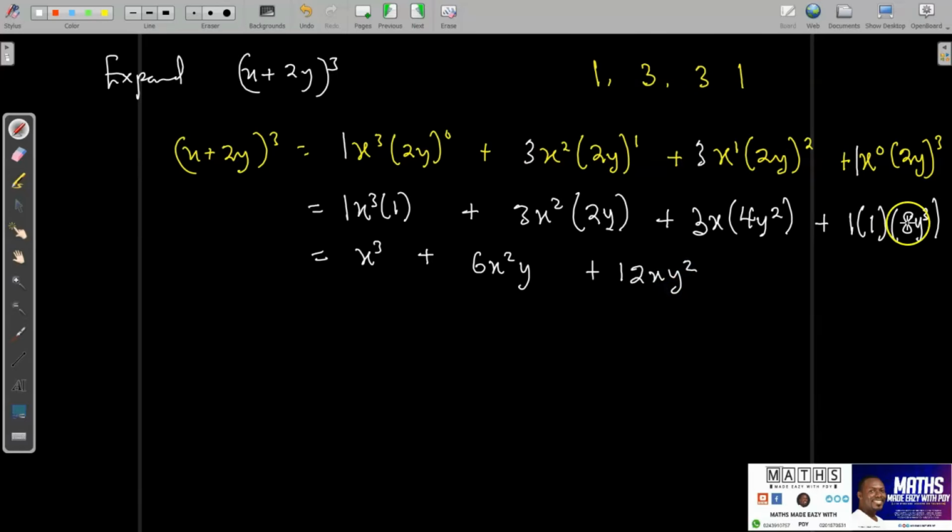Then plus 8y cubed. So this is the expansion for x plus 2y all to the power 3 from the help of the coefficients of Pascal triangle and the characteristics of each term in a given expansion.